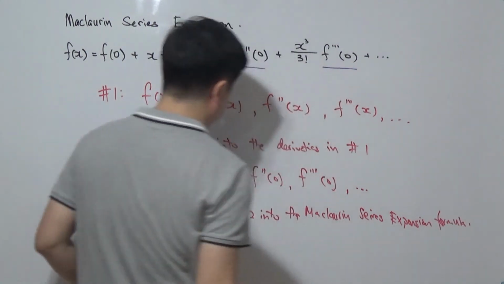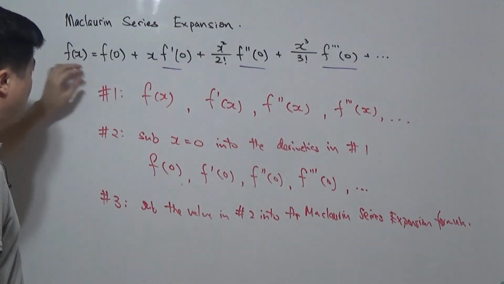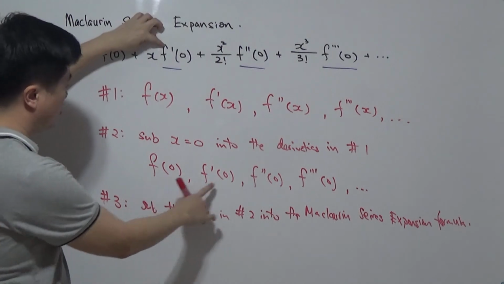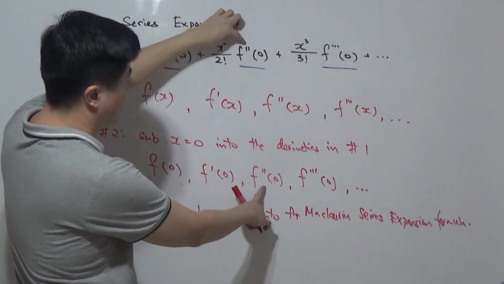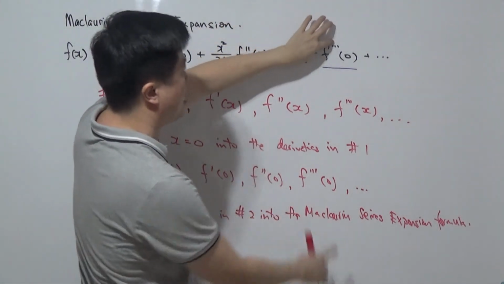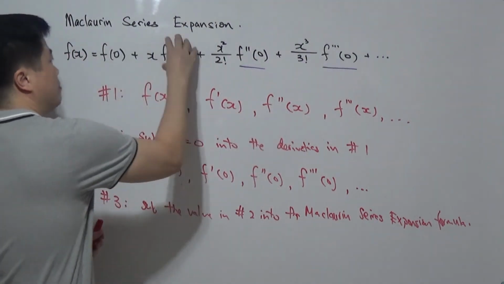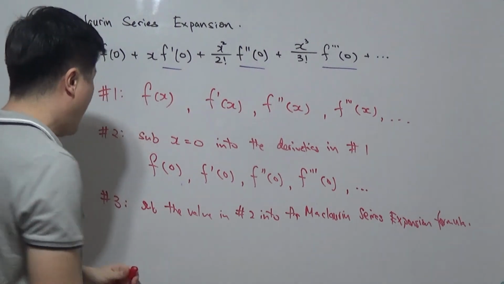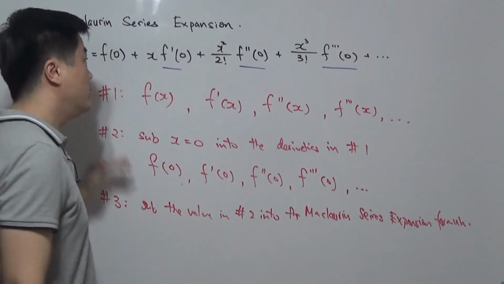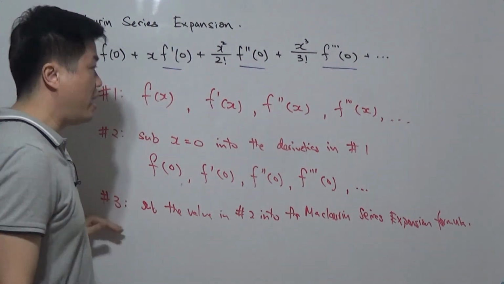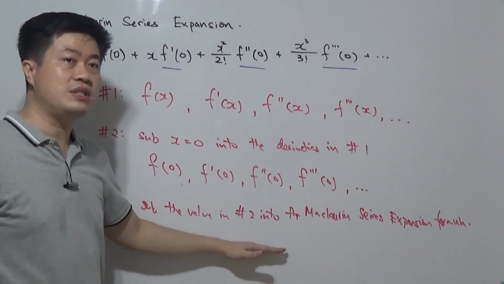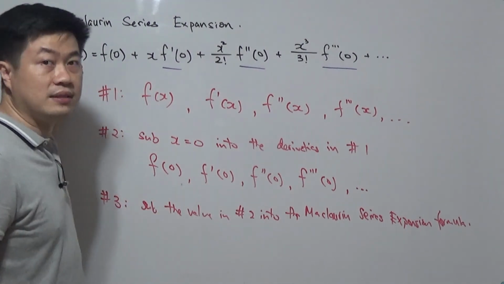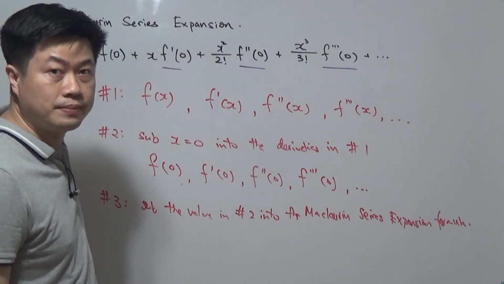As you can see, over here we have f(0), the value of f prime 0, the value of f double prime 0, and the value of f triple prime 0. Just go ahead and sub those in and then simplify the expression if required, and then you will have the answer. You will have the series expansion for the f(x) that is given in your exam question, all right?